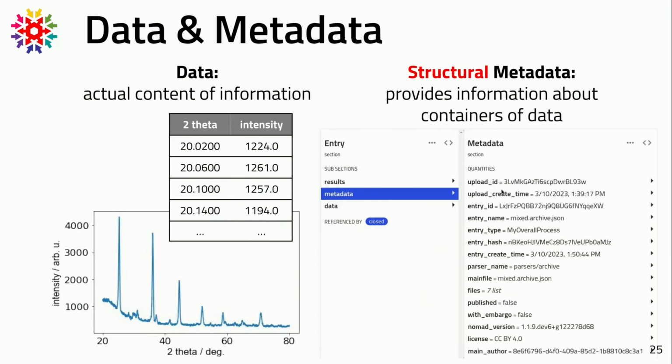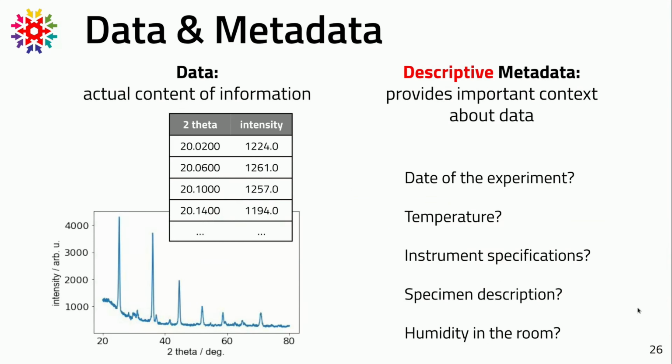Also, whenever we upload an archive or we generate an archive file in NOMAD, there is a handful of metadata attached to it, and all of them are used for formal data management purposes. Another kind of metadata is the descriptive metadata. These contain actually some scientific information.